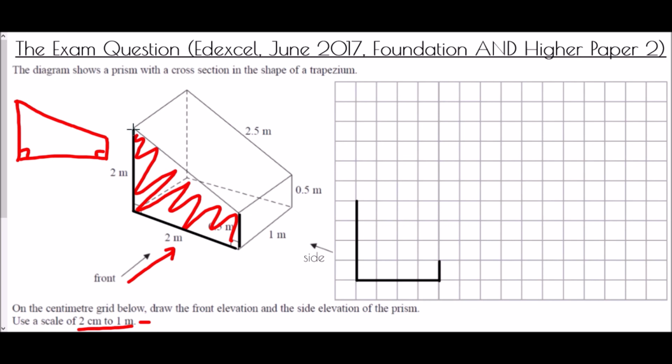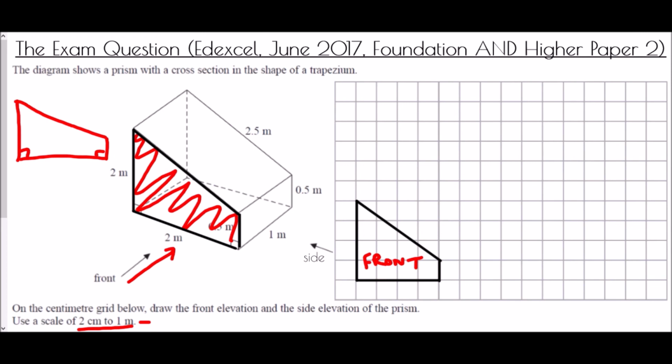This length here, it says it's 2.5 meters, but we don't even need to measure that, because all we know is it joins this piece to this piece. And so what we've got here is the front, and we'll label that as the front so that we can make sure we definitely have the right piece in the right place.